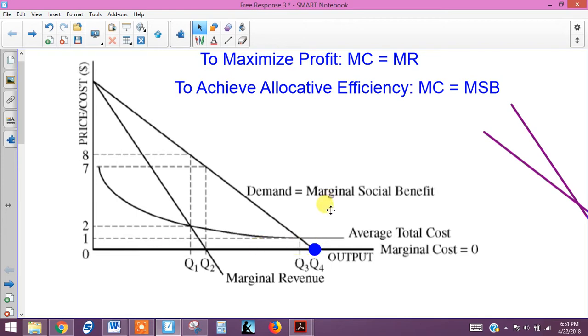So that's what makes this model or this market structure a bit unique. That's where they're going to be at their socially optimum point, or their allocatively efficient point, right here. Okay, Q4 for the output and 0 for the price.